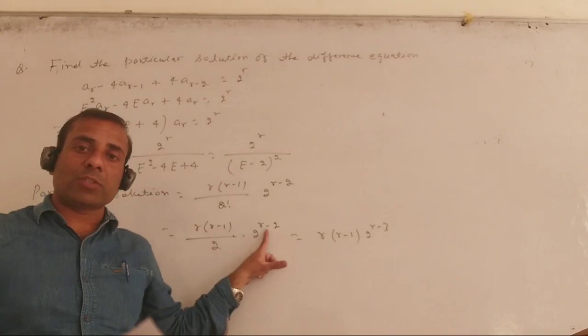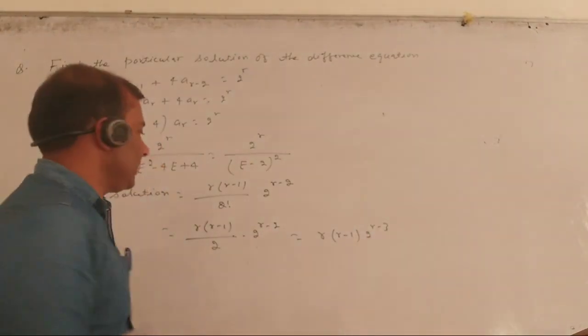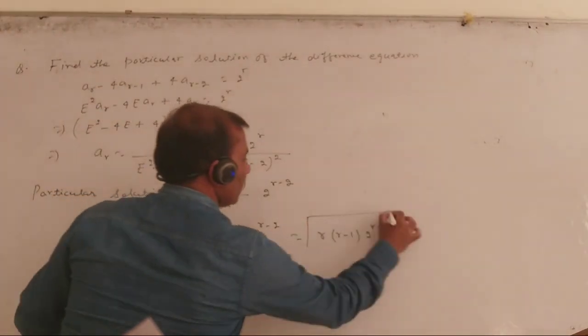So 2^(r minus 2) becomes 2^(r minus 3). So our particular solution will be this one.